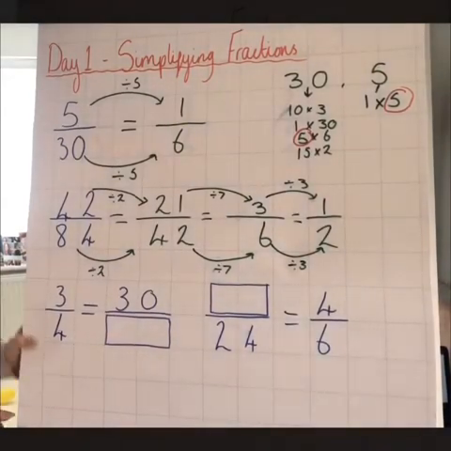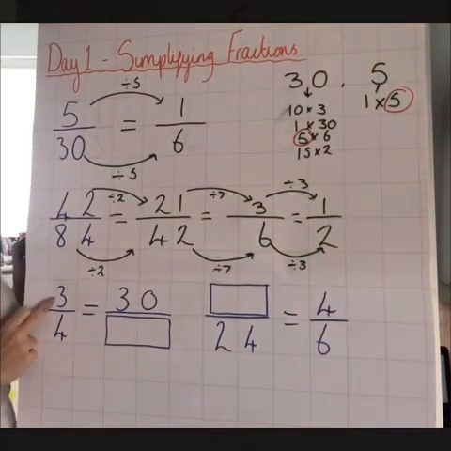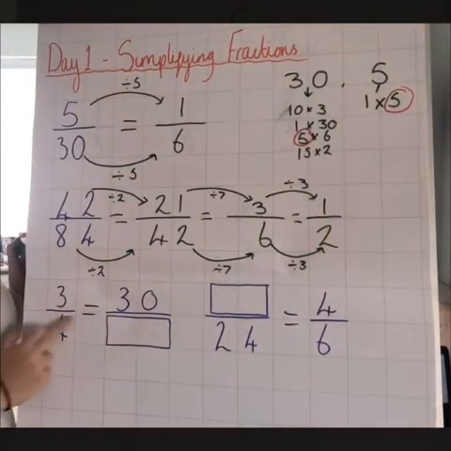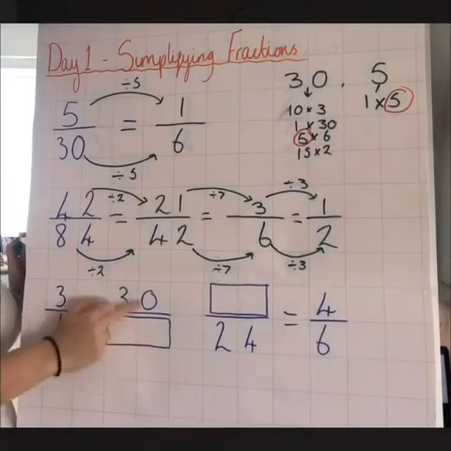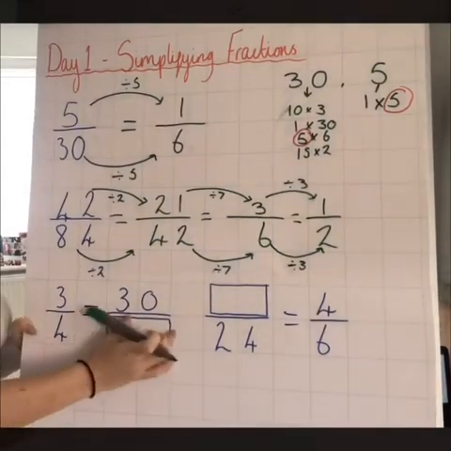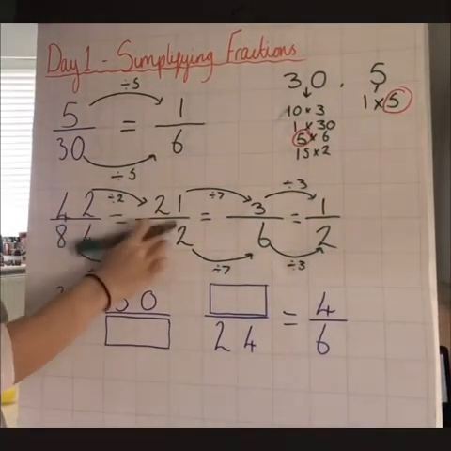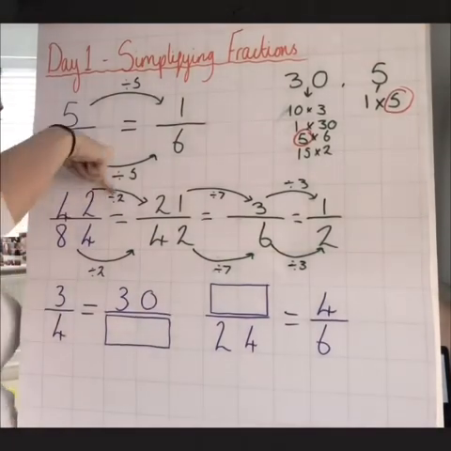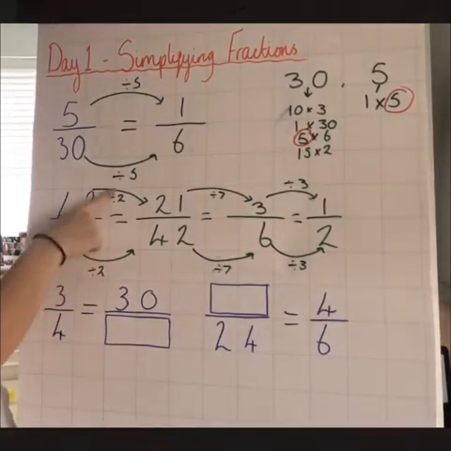But another problem that we might encounter is when you're given a simplified fraction and maybe what it was before, and you've got to figure out what the missing box is. So essentially, this work's been done for you, but we haven't had this process here where we figured out what factor we're dividing by.